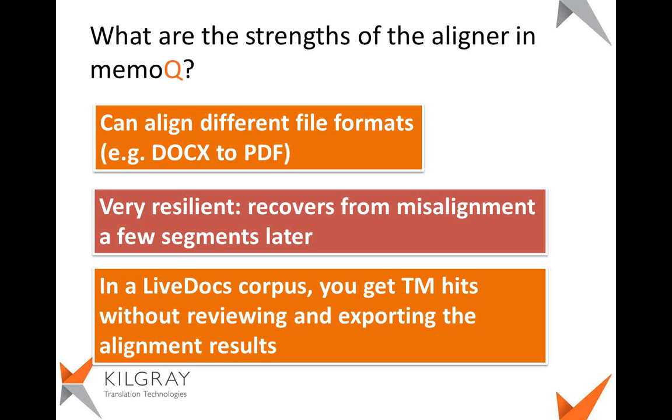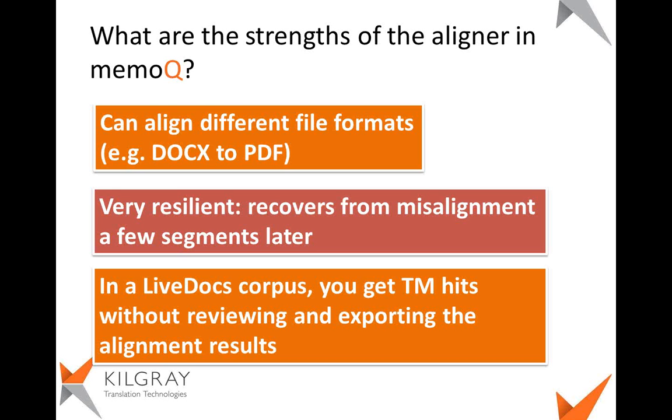So if there is misalignment, meaning that a segment in the source document is not properly aligned to the translation, it's aligned to a different segment in the translated document than its translation. So yeah, the sentence pair is wrong.